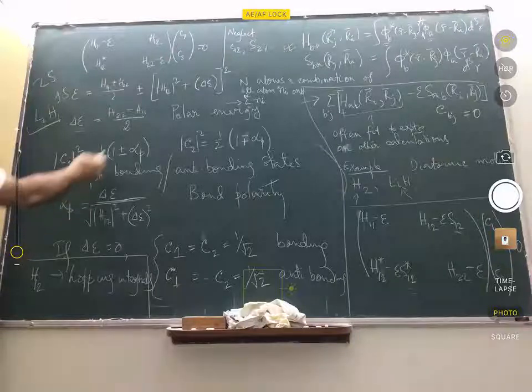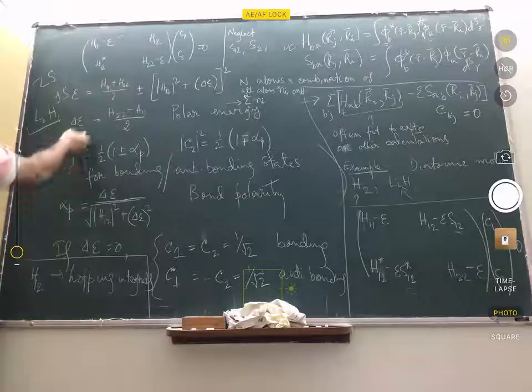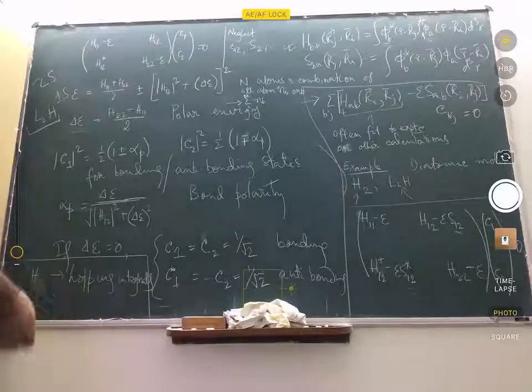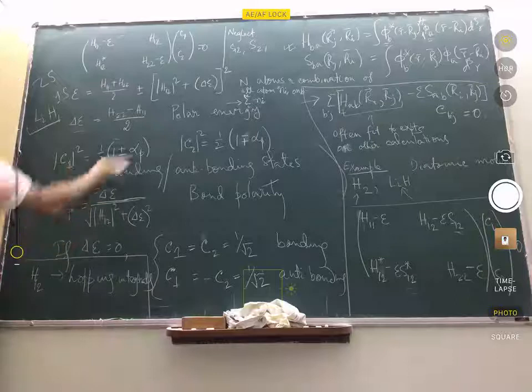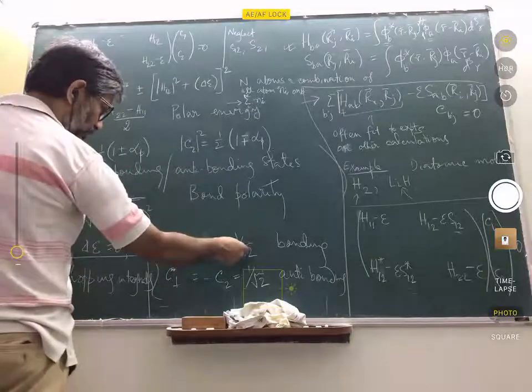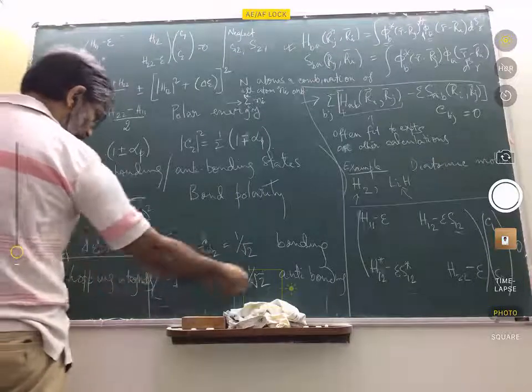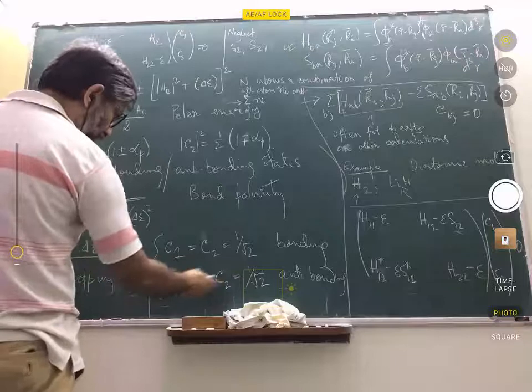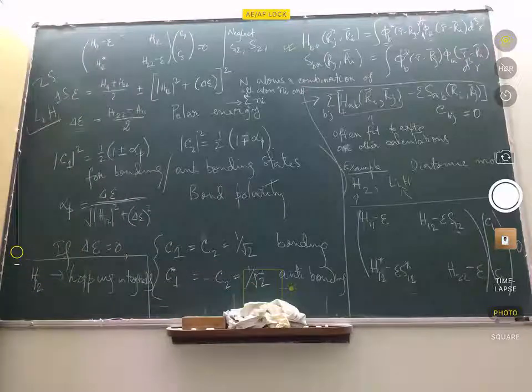And alpha can be expressed in terms of this quantity delta epsilon. When delta epsilon is 0, that is when the two atoms are identical, then of course this will be 0. And so you have C1, C2 equal to 1 over root 2 in one case, and in another case you have one as 1 over root 2, the other as minus 1 over root 2.